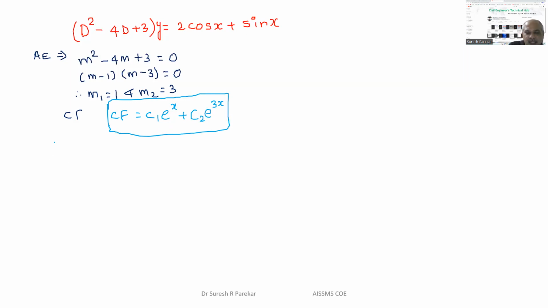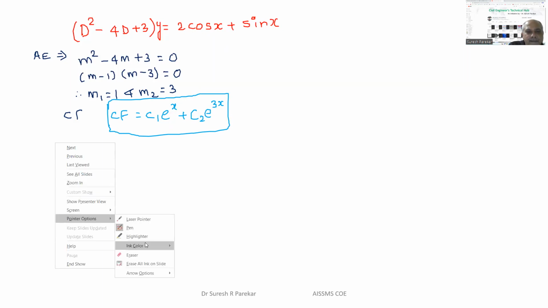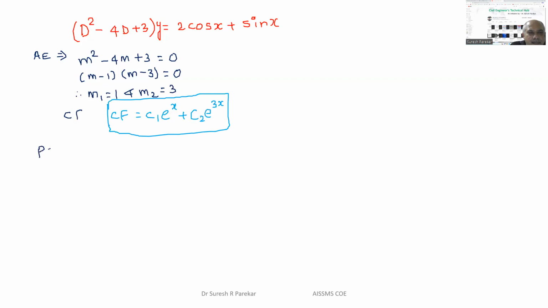For the particular integral, we know y is equal to Q upon f of D, and in the case of cos and sine functions we take D square equal to minus a square.